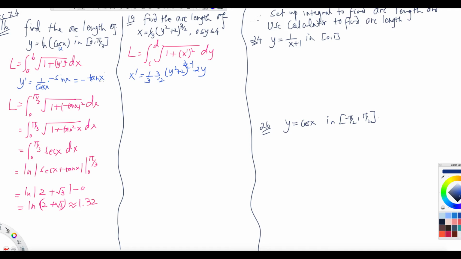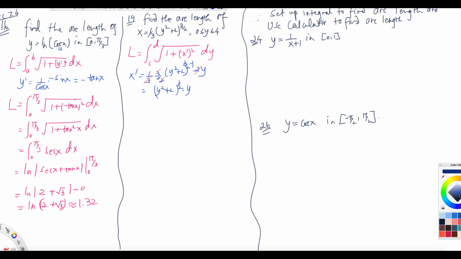We are differentiating with respect to y. So what do you get? That is 3/2, right? The 3 and 3 cancel out, the 2 and 2 cancel out. What is left is y squared plus 2 to the 1/2 times y. That's what you get, right?